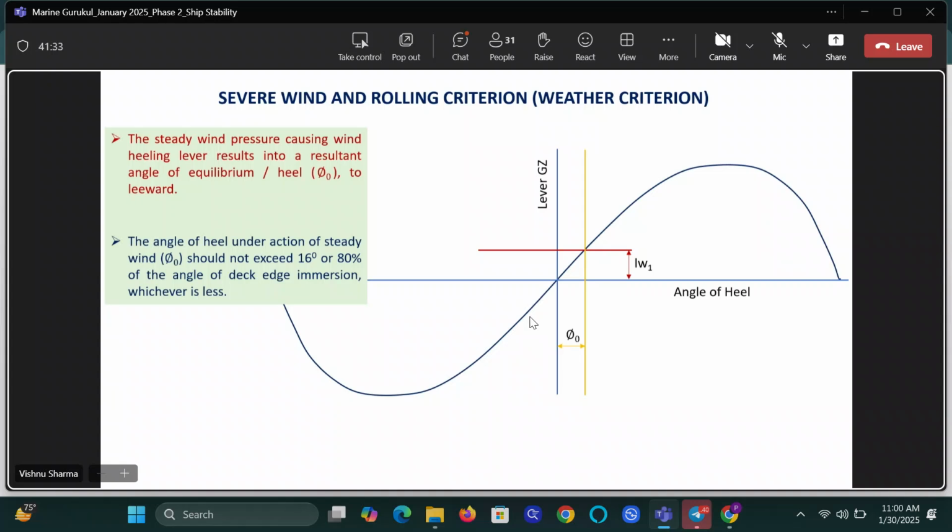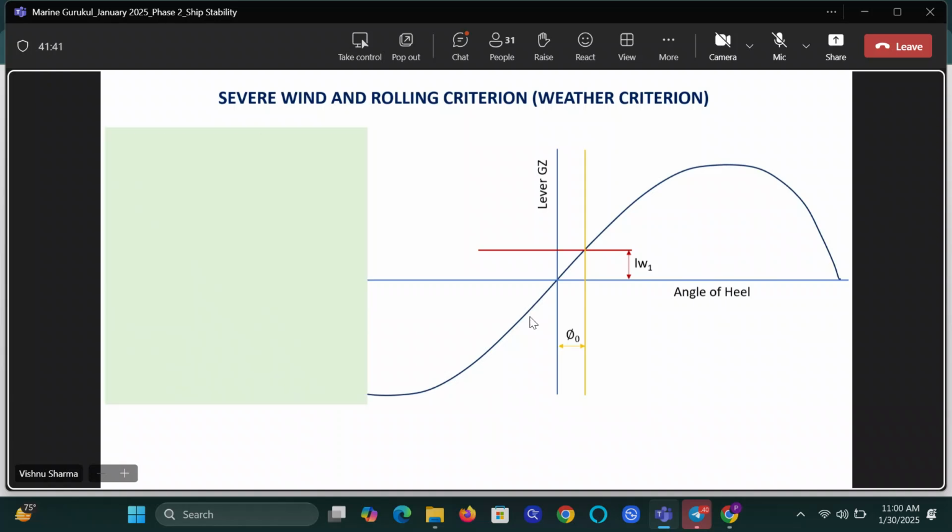Yes, sir. Now, then the vessel is hit by a wave from the lee side. From the resultant angle of equilibrium phi 0, the ship is assumed to roll owing to wave action to an angle of roll phi 1 to windward.